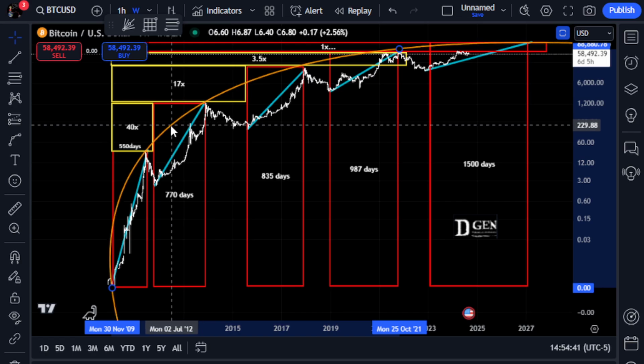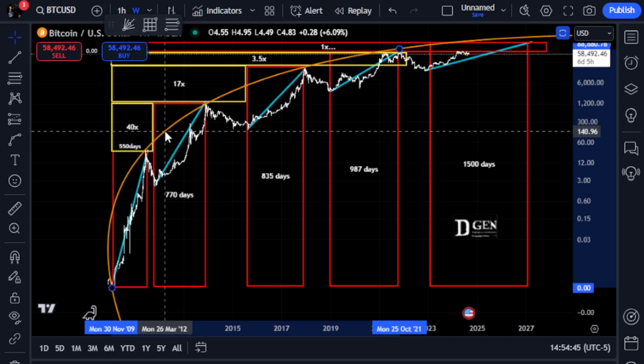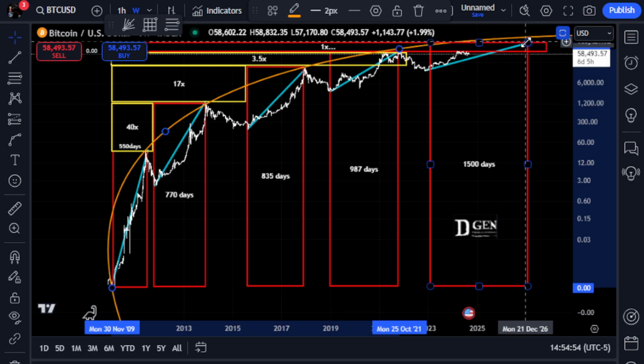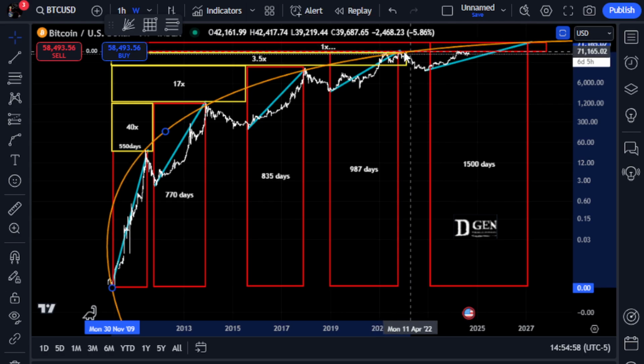This is the rate of change. Just get the best fit that you can, and you shouldn't be looking for some exact number. All this is really showing you is this generalized rate of growth.